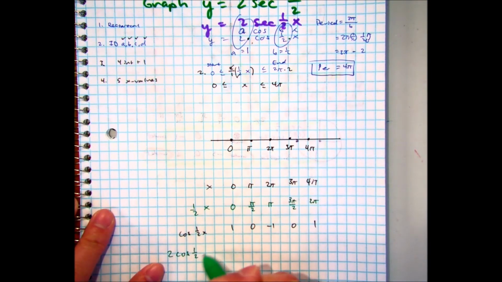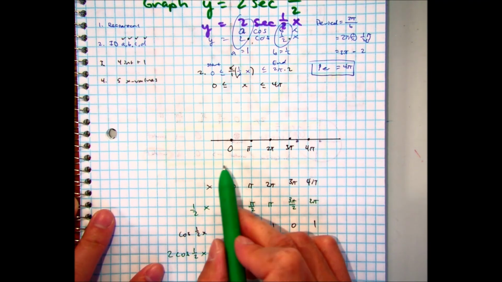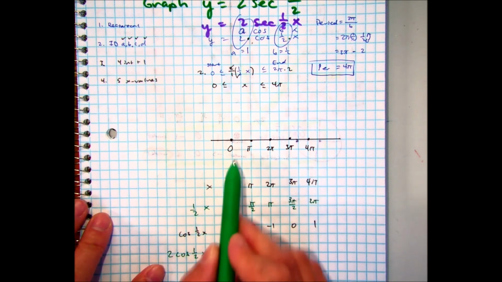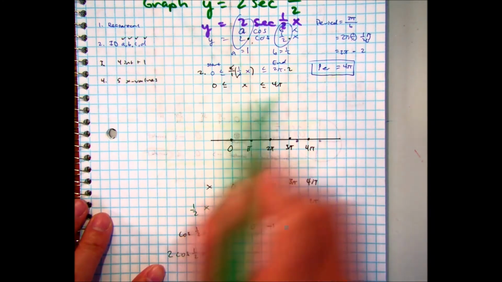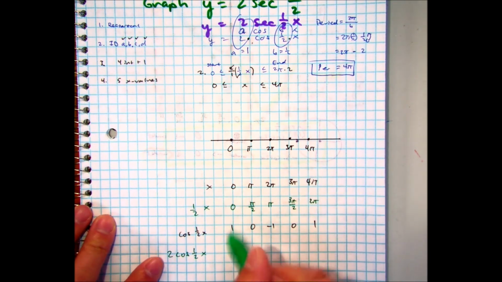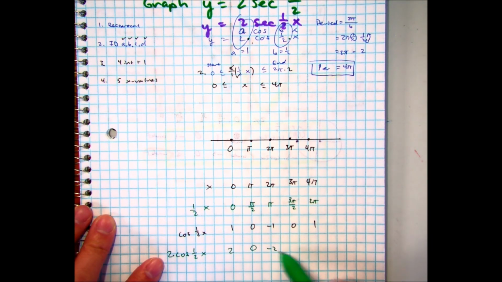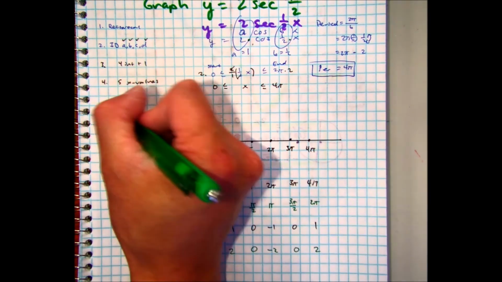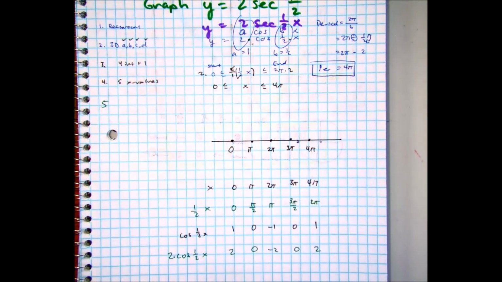So if you think about what we're doing, we're basically making a table of values, systematically evaluating each of these all at once. So go ahead and multiply by 2 there, Travis. 2 times 0, 0, -2, 0, 2. Okay. What's the 5th thing we need to do here, Maritza?